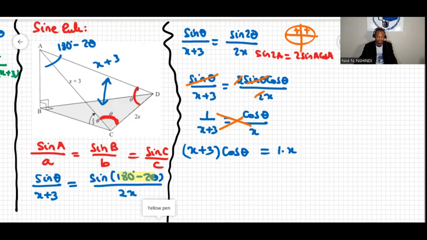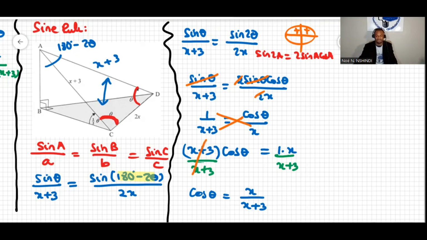We can divide both sides by x plus 3, and then we are left with cos theta equal to 1 times x, just x over x plus 3, because this was cancelled. Now, this is again proven.